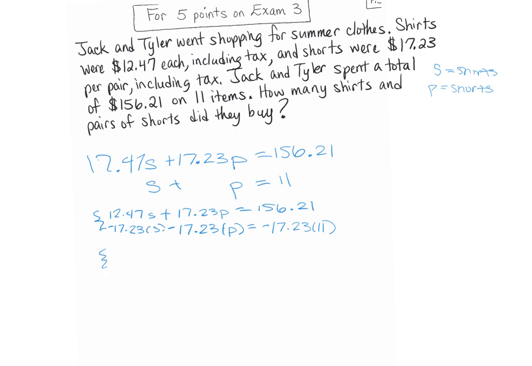Okay, so you do 12.47 S plus 17.23 P equals 156.21. Make sure your points are bold. And you have negative 17.23 S minus 17.23 P equals negative 189.53.